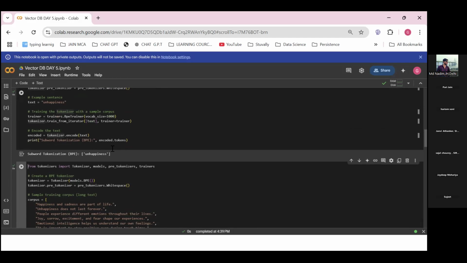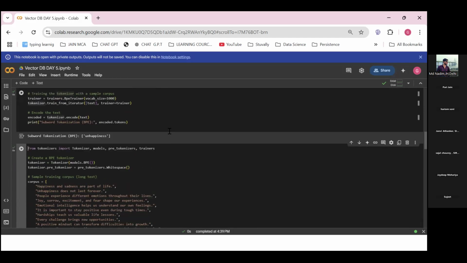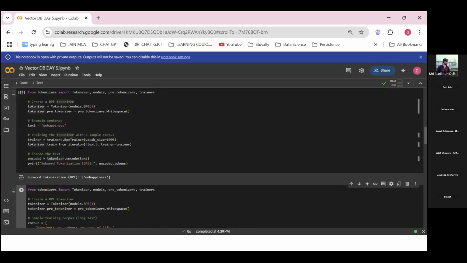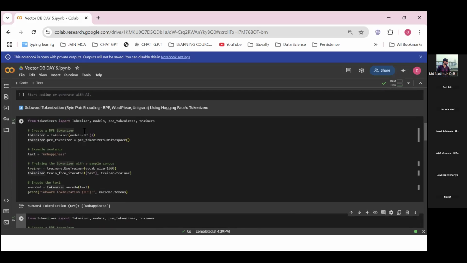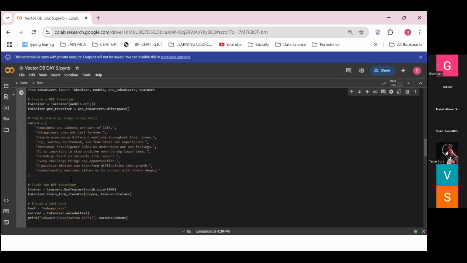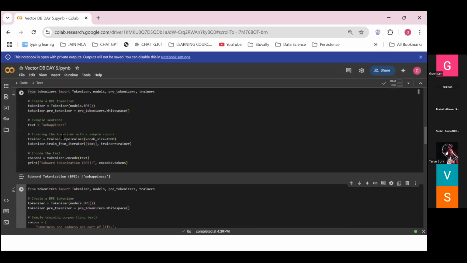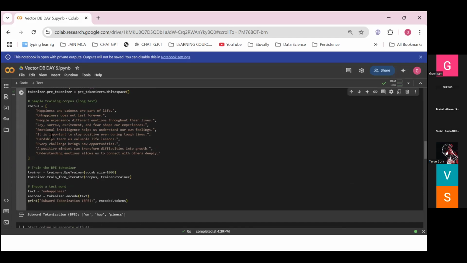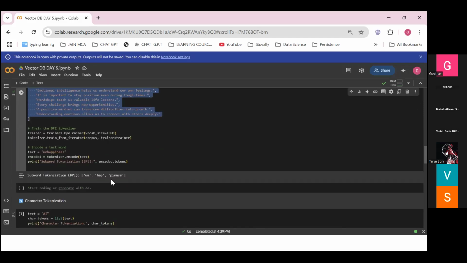So here is one bias we can see: when you pass very little text, you get problems. Even though I'm passing some text, with such a small corpus it could not recognize this word unhappiness.